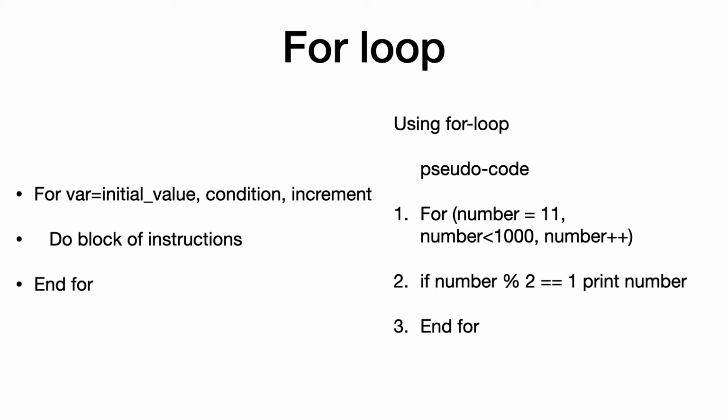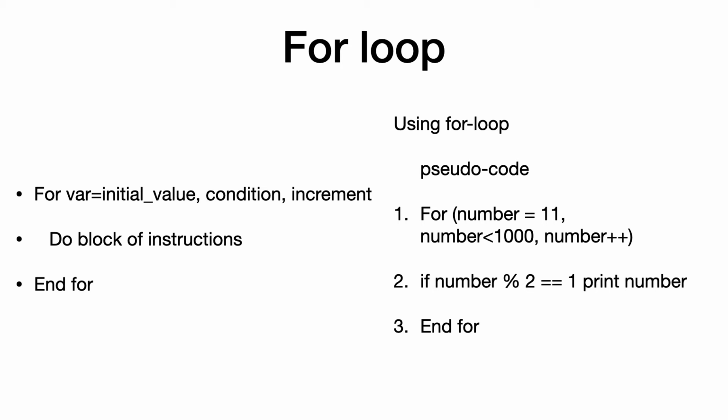In this case, we just state for number equal 11, number less than 1000, that is the condition that we are going to check every time, and number plus plus is the same as number equal to number plus 1, or the same as incrementing number by 1.